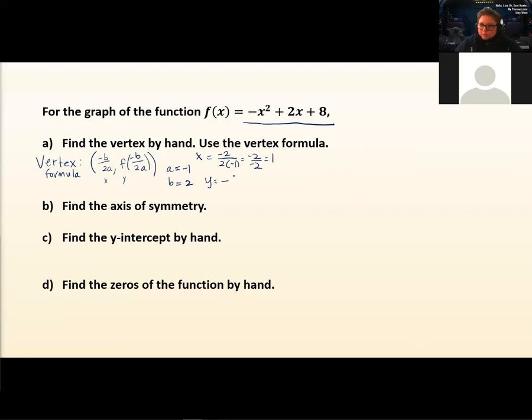And then if we wanted to find our y value, we would plug that back in. So we'd have -1 squared plus 2 times 1 plus 8. 1 squared is 1, so this is -1 plus 2 plus 8. What's that equal?